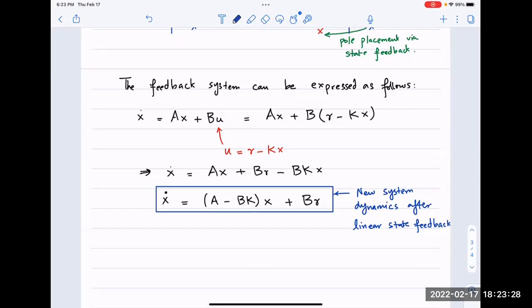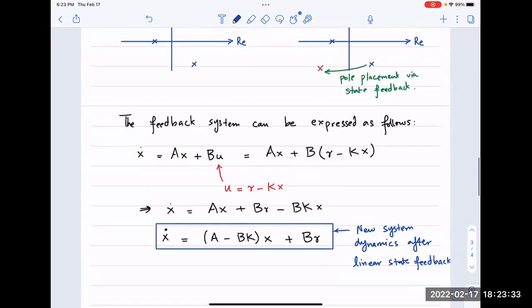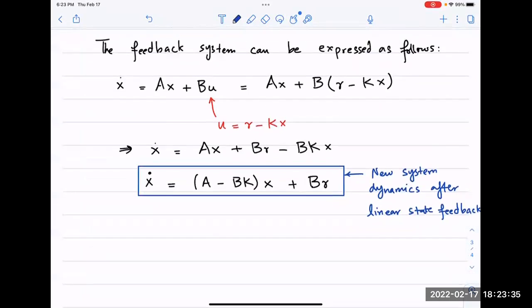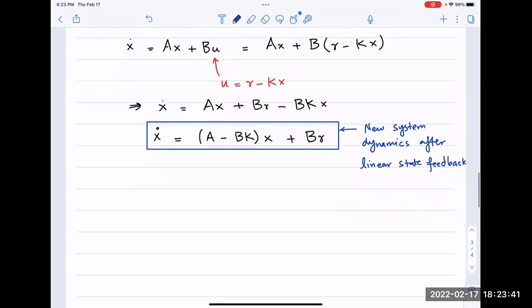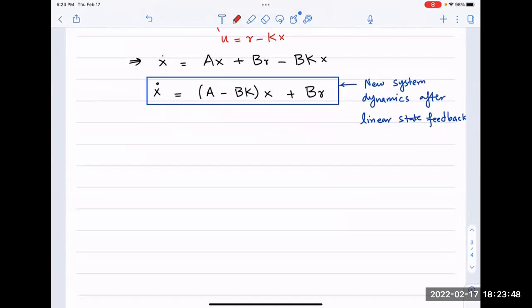If these are the dynamics, then we want to make sure that the poles of this system, which is our new closed loop system, are at a certain location. So what are the poles? As we know, basically the poles are the eigenvalues of.